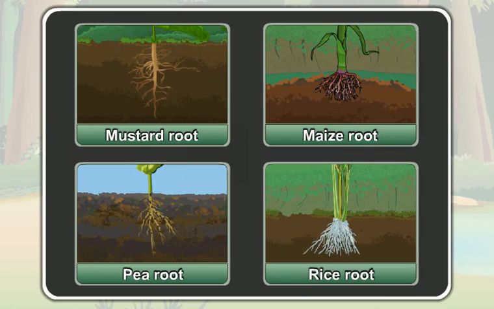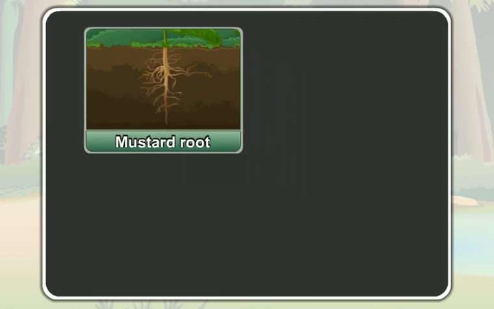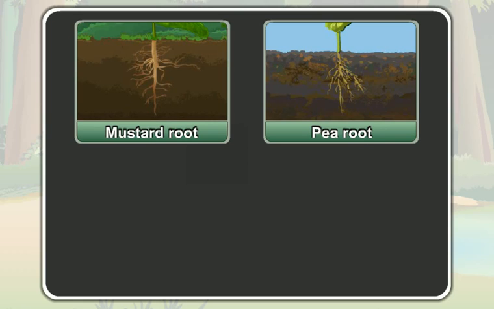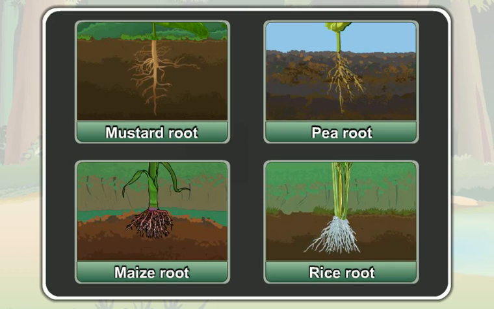Now, have a look at the mustard root and the pea root. They look similar, don't they? Similarly, the maize root and the rice root also look similar to each other.